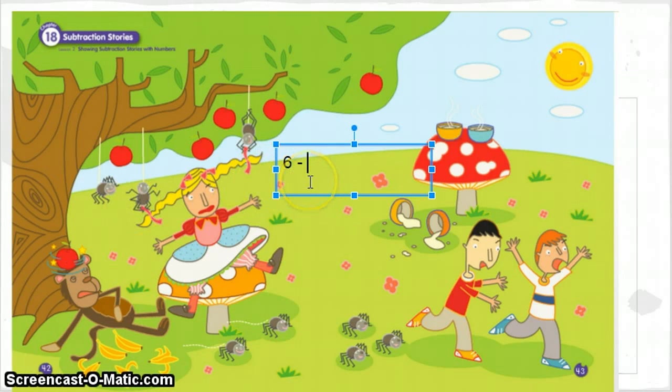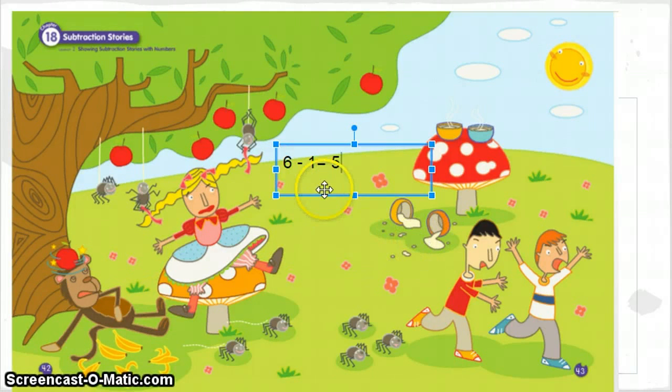So I'm going to subtract 1 to decide how many apples are left in the tree. When I look back at my picture, I have 1, 2, 3, 4, 5 apples that are still left in the tree. So 5 is my answer.